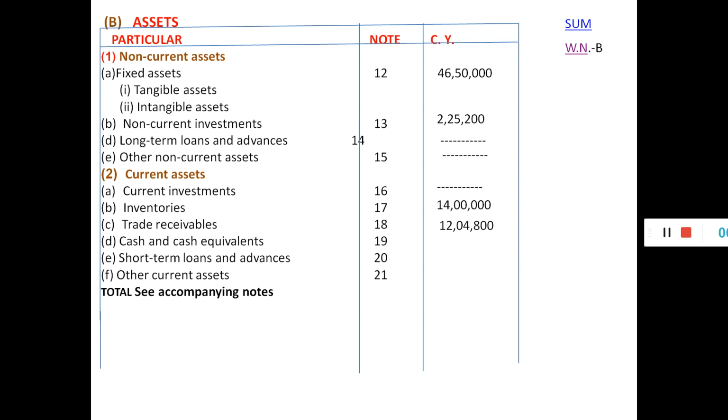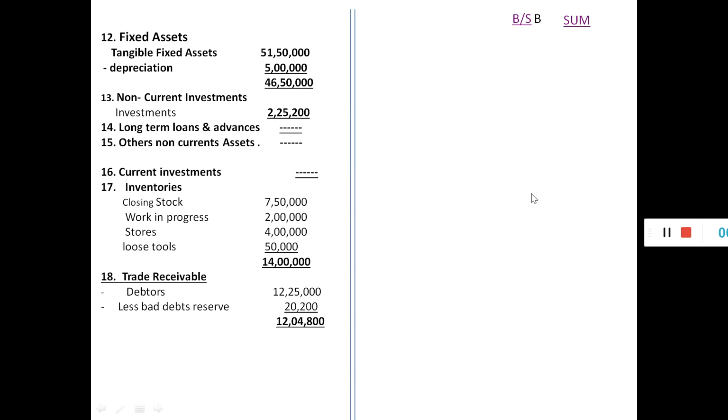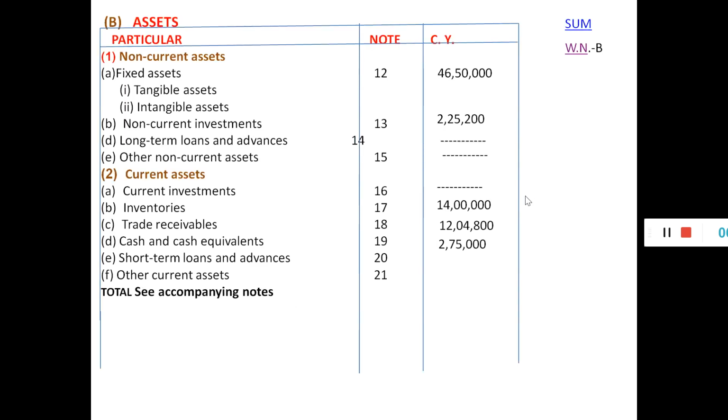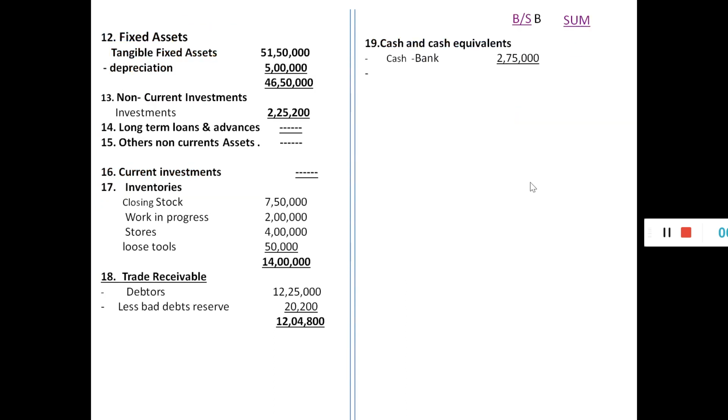Cash and cash equivalents, note number 19. Cash and bank 2 lakh 75,000 will be shown in the balance sheet. Note number 20, short-term loan and advances. Bill receivable included in the note number 20, but no amount is there.